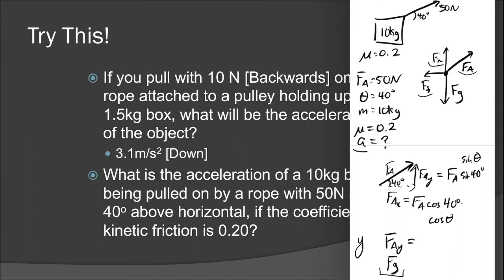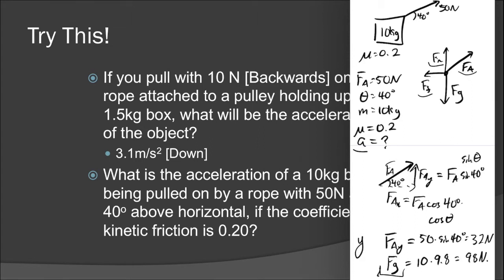So just in case, we need to check to make sure this box stays on the ground. So to do that, we just calculate 50 times sine 40 degrees and 10 kilograms times 9.8. 50 times sine 40 is approximately 32 newtons, and 10 times 9.8 is 98 newtons.